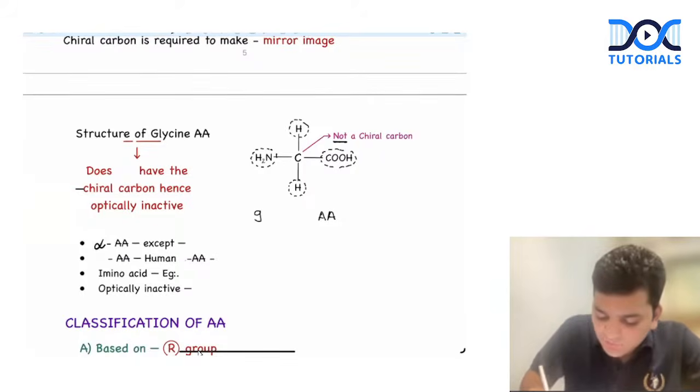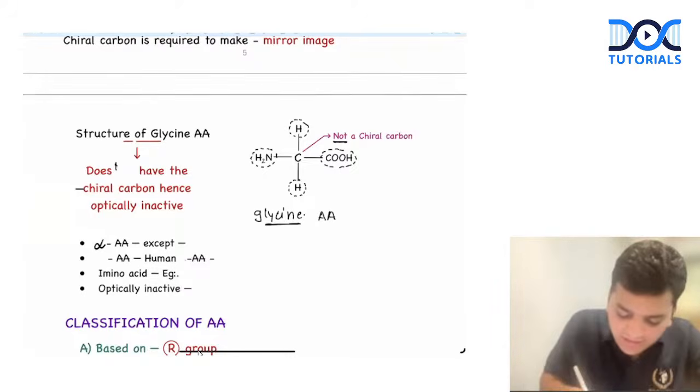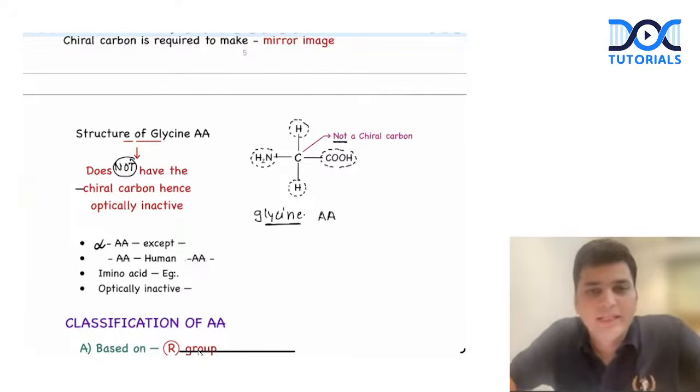And this is the structure of the amino acid glycine. So among all the amino acids, glycine is the only one which does not have a chiral carbon. So it is optically inactive. The question is very direct and straightforward: which amino acid is optically inactive, or which does not have a chiral carbon? The answer is glycine.